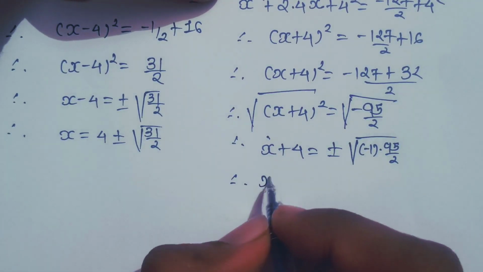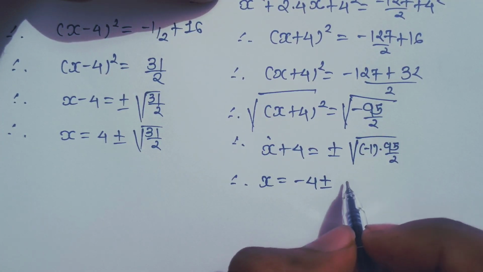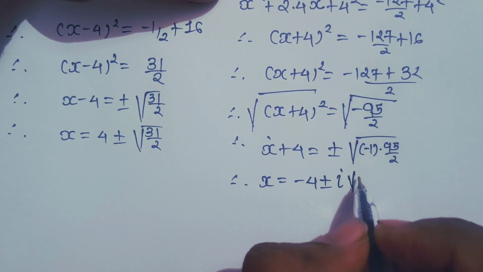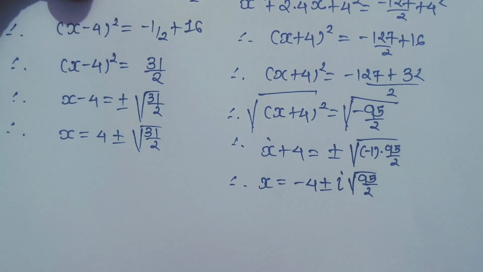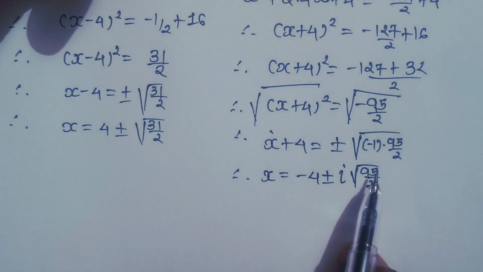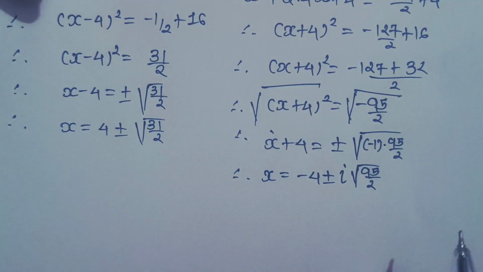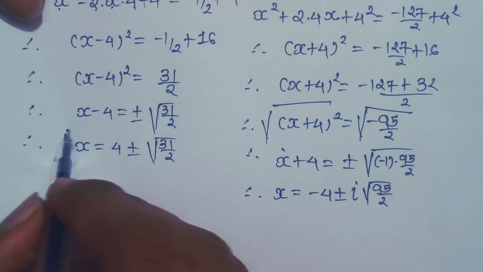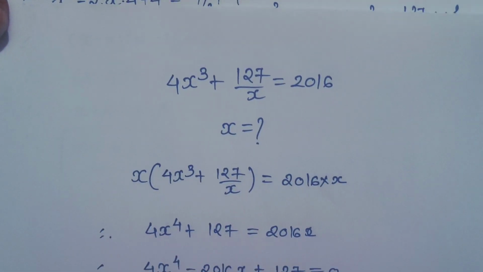Now therefore x equal to, moving 4 to this side, minus 4 plus or minus the square root of minus 1, which means the complex number iota, into 95 upon 2. This again gives two solutions, which are complex numbers: minus 4 plus i root 95 upon 2 and minus 4 minus i root 95 upon 2. So in total 4 solutions are possible for this equation, 2 are real and 2 are complex.